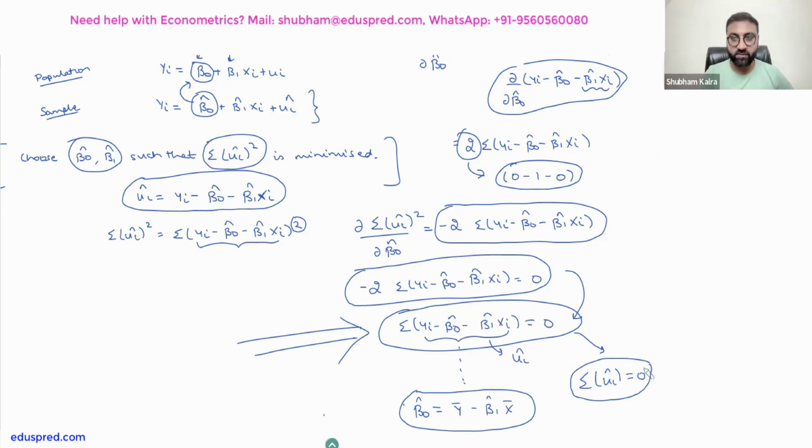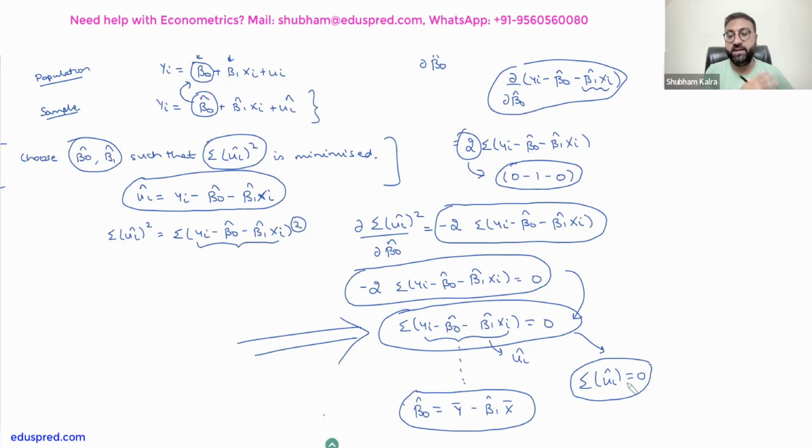Once again, I started with the model with a constant term, that is beta 0. Because you have a beta 0 in the model, we have to look for an estimator for beta 0, which is going to be beta 0 hat. While deriving the formula for beta 0 hat using the method of OLS, in between we end up getting the summation of ui hat equal to 0. Note that the summation of ui hat equal to 0 is not an assumption.